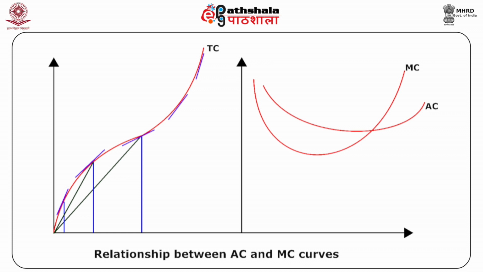So conversely over here, the marginal cost falls faster. But after a point, the marginal cost curve starts rising earlier, and the average cost still continues to fall. And finally, we have a situation where the average cost rises slowly and the marginal cost rises fast, and it crosses the average cost curve and goes above it.